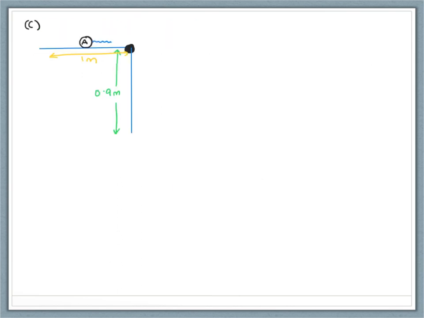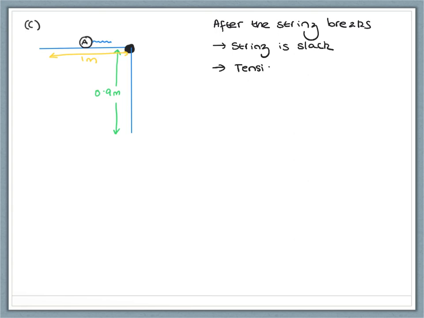Now, in part C, we are investigating what happens after the string breaks. Now, when the string breaks, the piece of string that's still attached to A is slack. That means the tension is equal to 0.